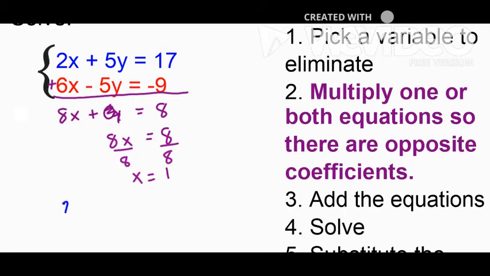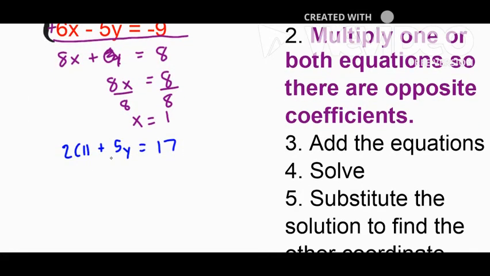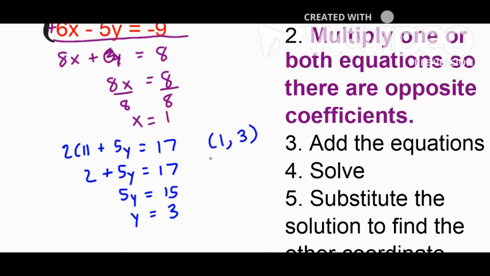So this will be 2 times 1 plus 5y equals 17. So I get 2 plus 5y equals 17, and I just solve this. Subtract 2 from both sides, so 5y equals 15. Divide both sides by 5, and I get y is 3. Therefore, my solution is the point (1, 3).